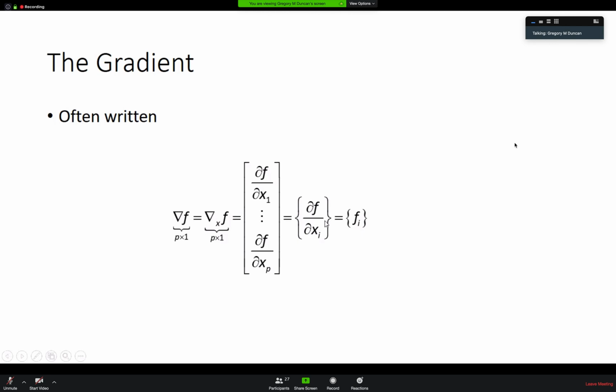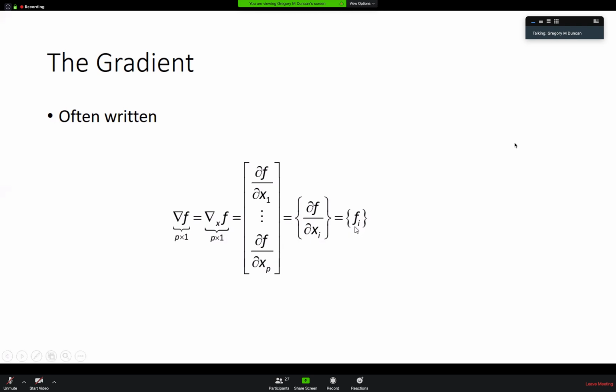Sometimes we write it this way. We write down a typical partial derivative, and we enclose it in braces, and that means take the vector that's going to be partial f with respect to x1, partial f with respect to x2, and so on down to partial f with respect to x3.